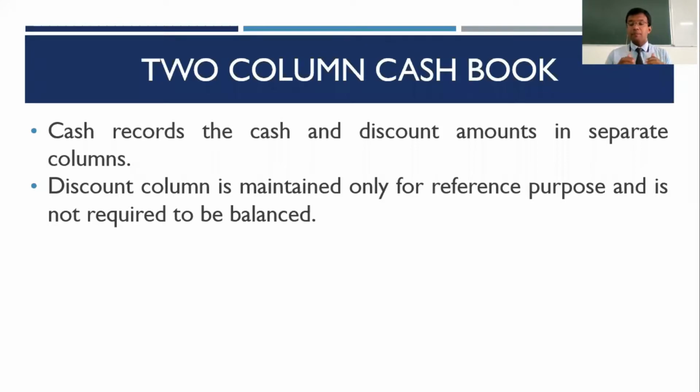Now, please remember, at the end of the time frame or at regular intervals, you will have to balance the cash book. Why do we do so? We had learned that the cash subsidiary book plays a dual role: it acts both as a journal as well as a ledger. So for whatever transactions you record into your cash book, you need not prepare a separate ledger account.